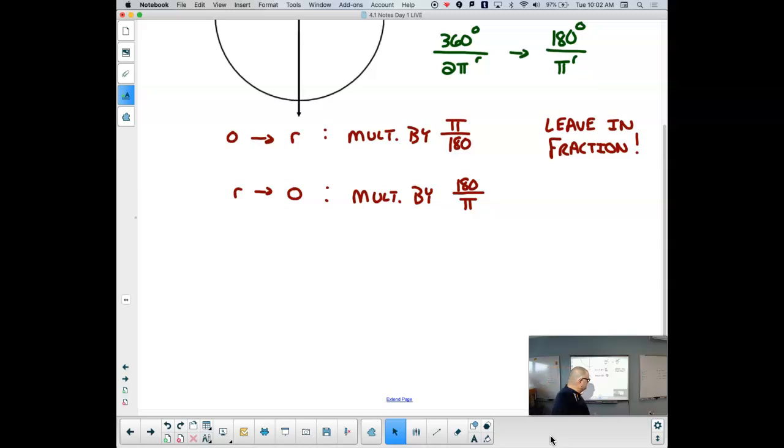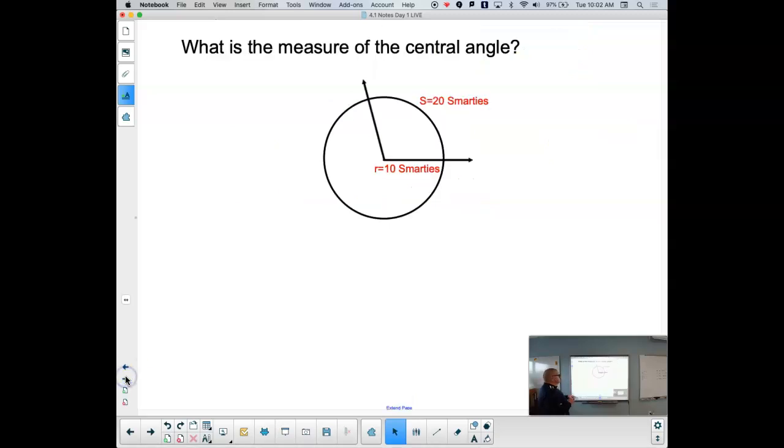So, my question is this. Given this scenario, where the radius of my circle is 10 Smarties, and the arc length of my sector is 20 Smarties, what is the measure of my central angle?